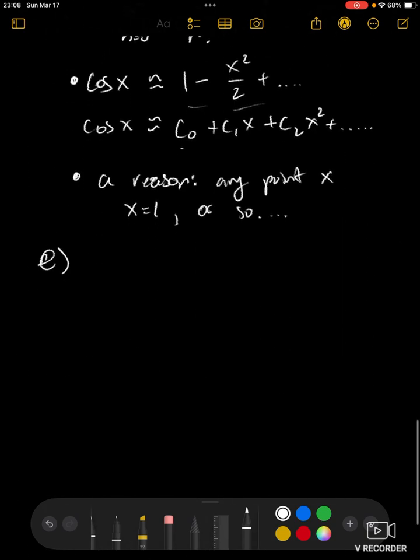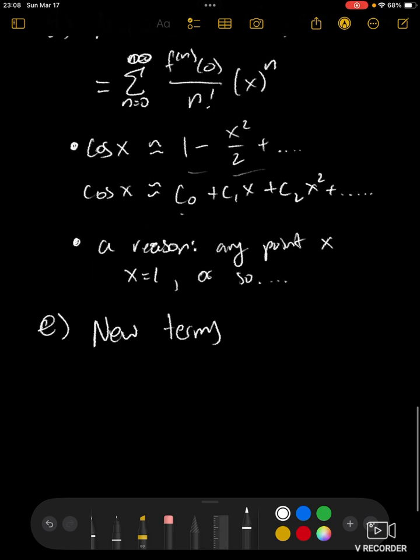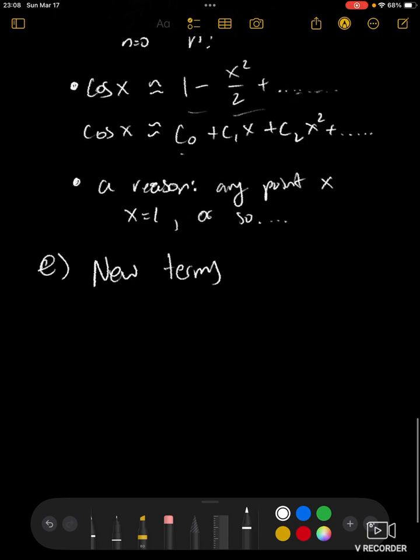So this gives us a really interesting property where new terms, so terms added on, so these terms right here, don't affect the old terms. This is really, really amazing because this allows us to approximate things.